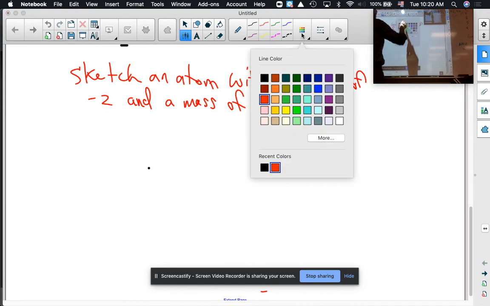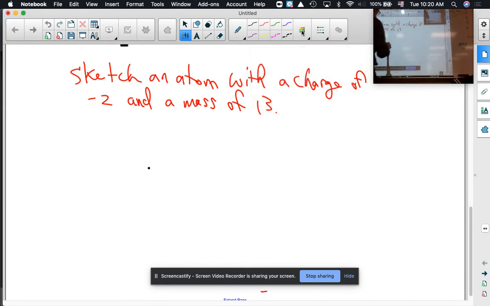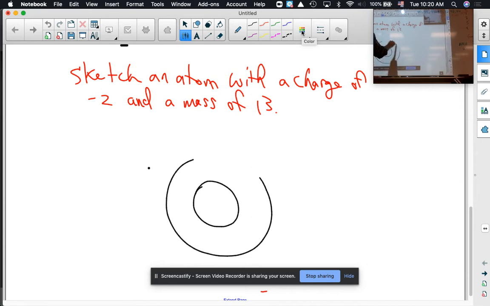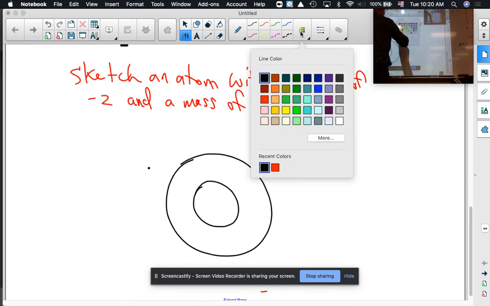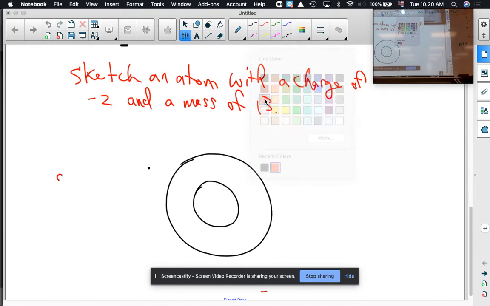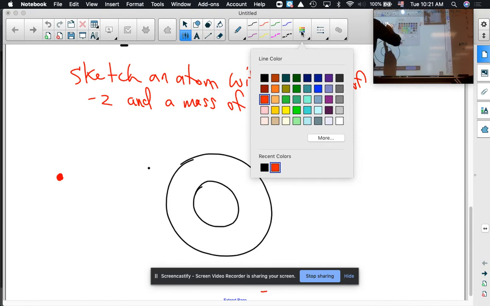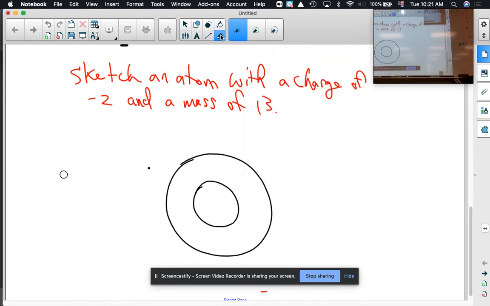What you would need to do is make sure that you have a key off to the side that shows, okay, I'm going to make my proton red. Or, instead of doing a solid color, because most of you probably won't have colors to use, you could just do a proton like this, a neutron that's hollow, and an electron that's solid.